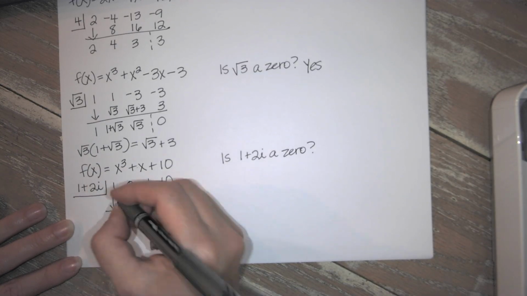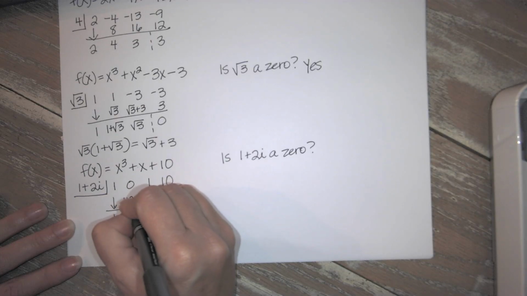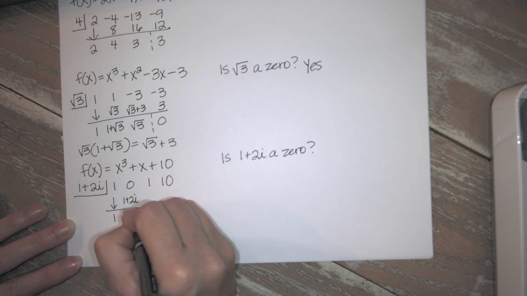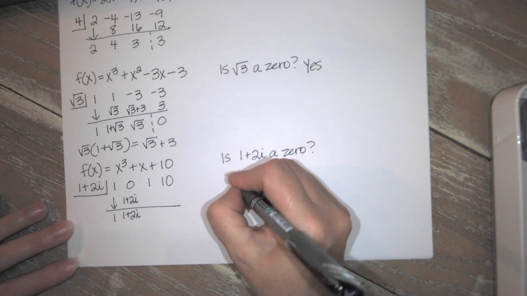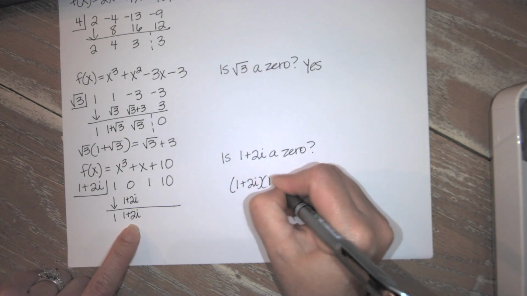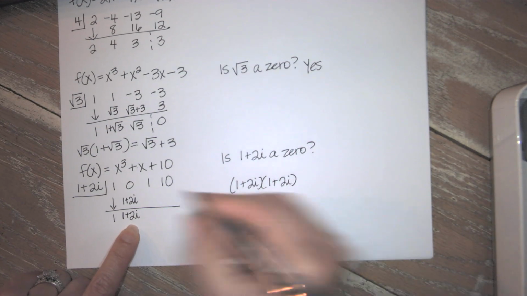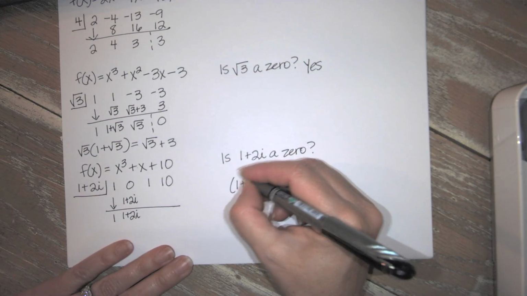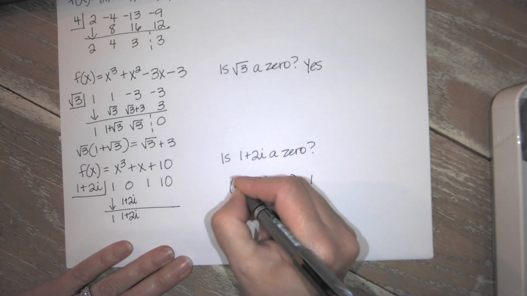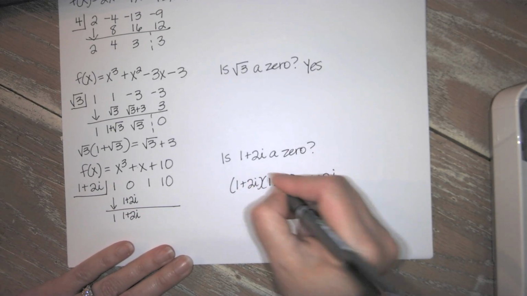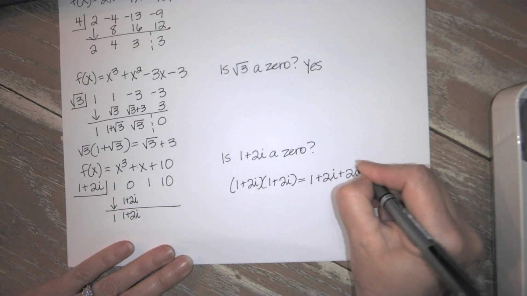1 times 1 plus 2i is 1 plus 2i. Add that to 0, that's just going to be 1 plus 2i. But now I've got to multiply 1 plus 2i times 1 plus 2i. I'm going to do it over here because I've got to distribute this out. 1 times 1 is 1. 1 times 2i is 2i. 2i times 1 is 2i.